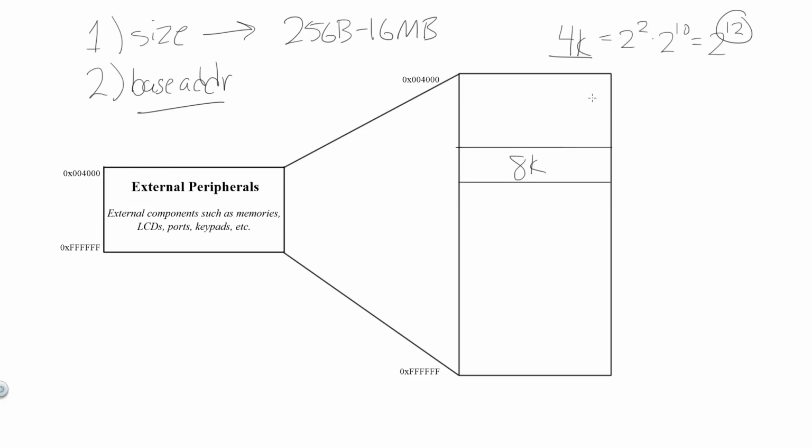For example, it could not be on a 4K boundary. An important thing to note is that any address size less than 4K must still have a base address that's on a 4K boundary. For example, if I wanted to add a device that was only a 1K address size, I could not put it on a 1K boundary. I have to put it on at least a 4K boundary.